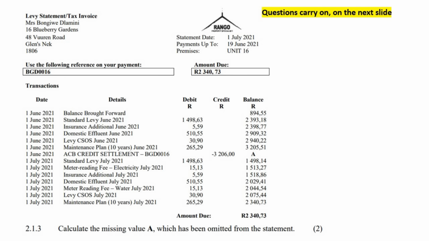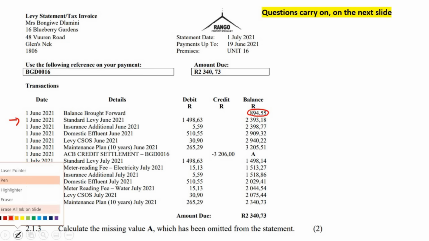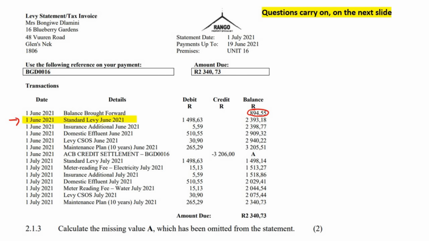This question says, calculate the missing value A, which has been omitted from the statement. Okay, so let's just quickly run down on how this all works. You see this column here, this tells you how much money you have in total. So you see here we have 894 Rand and 55 cents. Now when you go to the next row, just ignore this number for now.